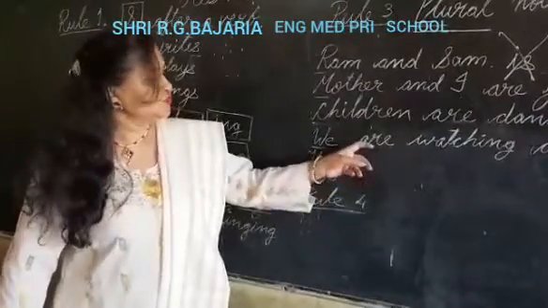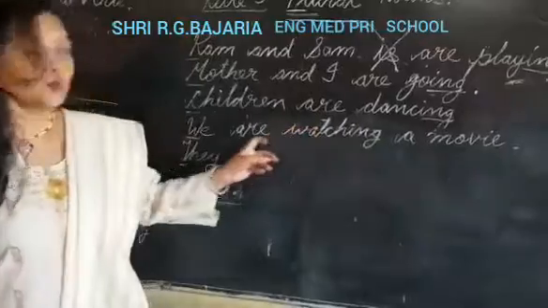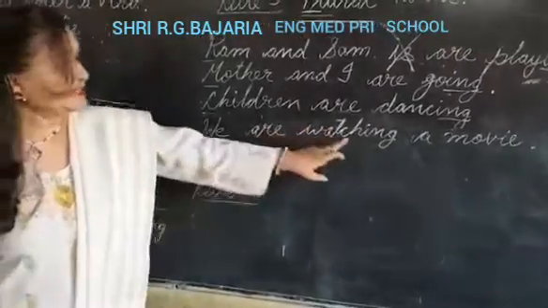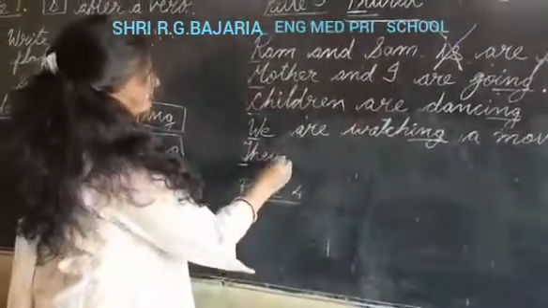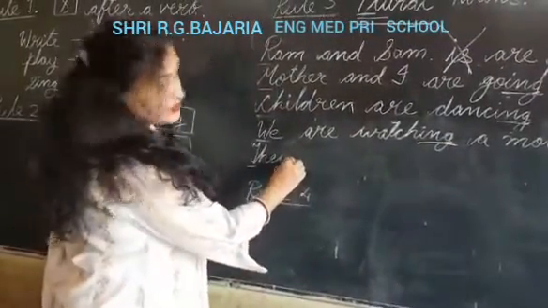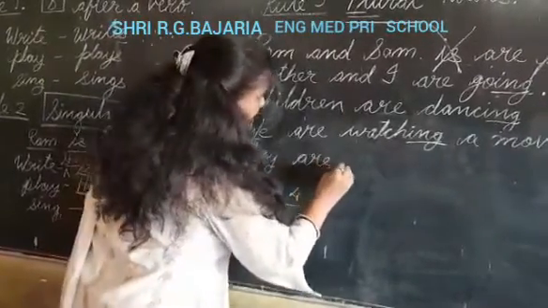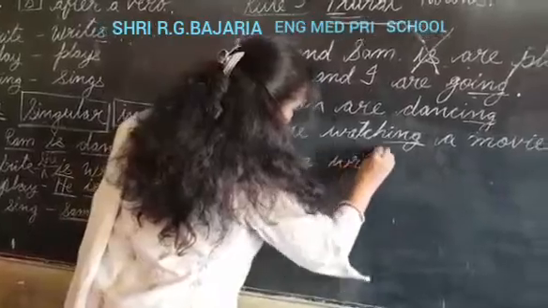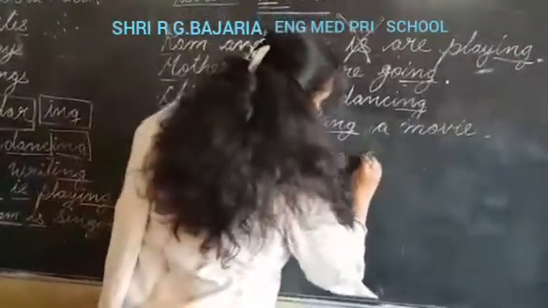Are is used after the noun and before the verb. And at the end of the verb, again, ing is added. Now, let's do the next one. Next pronoun. They are writing a letter.